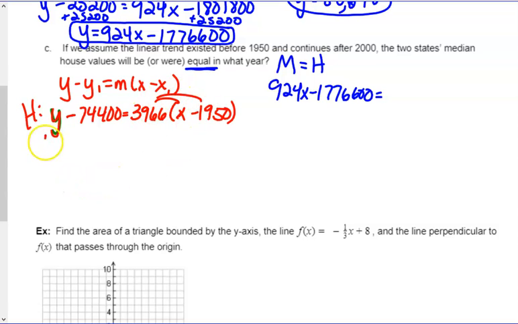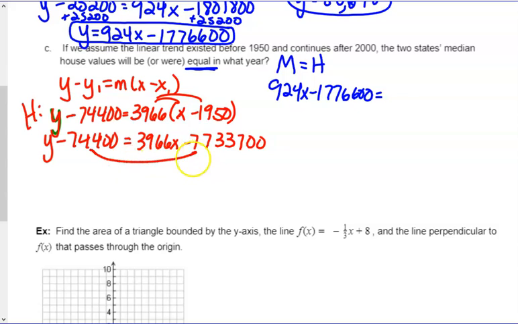Just as before, we're going to distribute. 3966x. When I multiply 3966 times 1950, I get 7,733,700. And when I add this over, reminding you, you have a negative here. Be very careful when doing that computation.